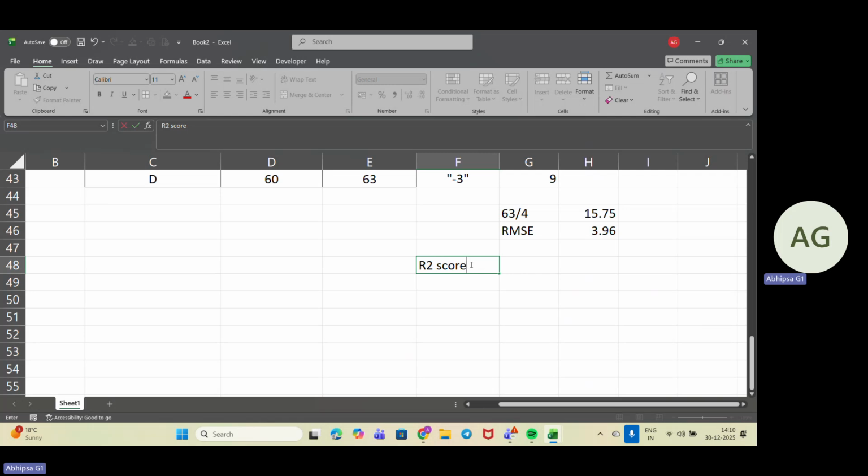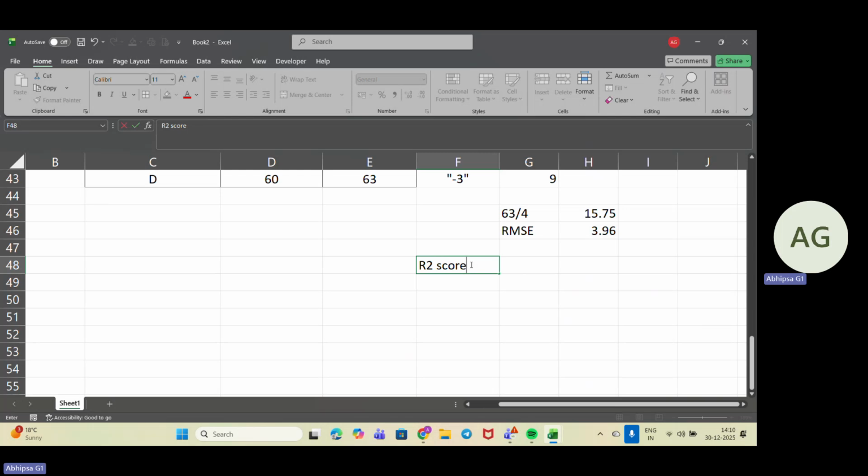So R2 tells how much of the story the model has learned. Suppose the teacher explains a syllabus of 100 marks, but the student understands only 85% of that. The student is saying that I understand 85% of this chapter. So that is exactly what the R2 score does.